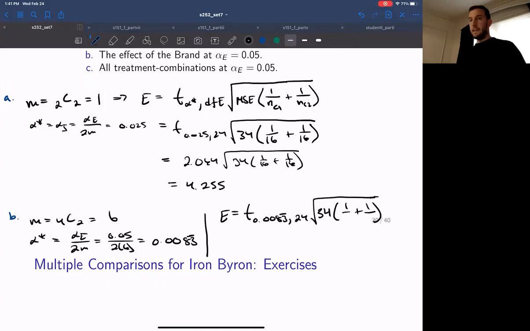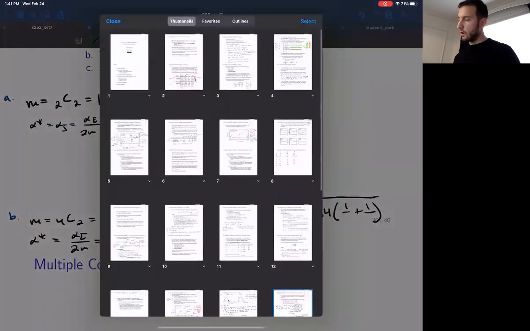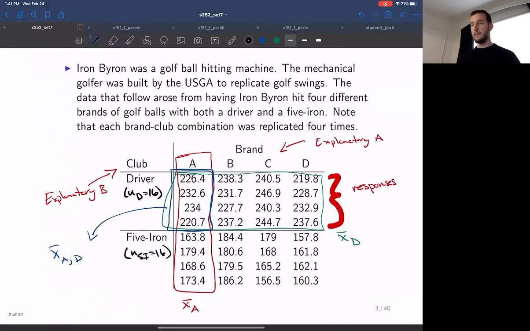Okay, so what we need here are the sample sizes for each comparison of the brand types. So if we go back to the original data set, we can see that for each brand, we have 2 sets of 4 observations.